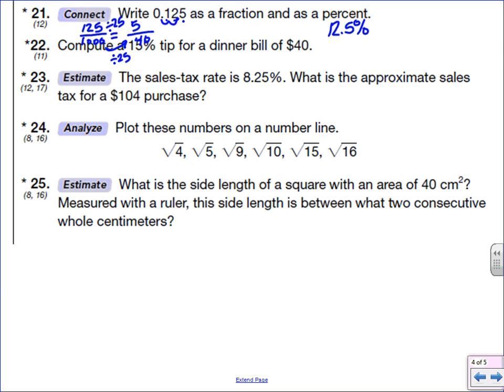And I can divide both of those by 5 as well. 5 divided by 5 is 1. 40 divided by 5 is 8. So fraction 1/8, percent 12.5%.